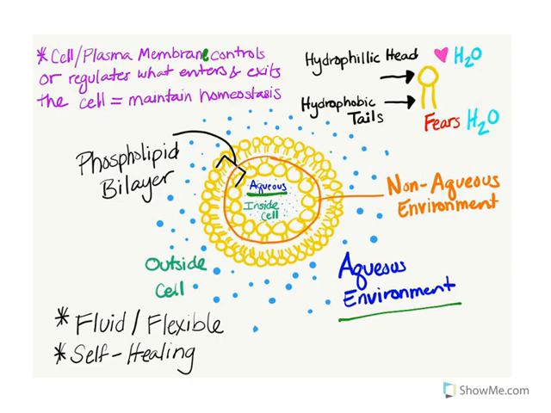If something punctures the cell membrane, the majority of the time the cell membrane can heal itself. Also, don't forget that embedded throughout the cell membrane are different carbohydrates, proteins, and cholesterols. So we have that terminology that's called the fluid mosaic model.